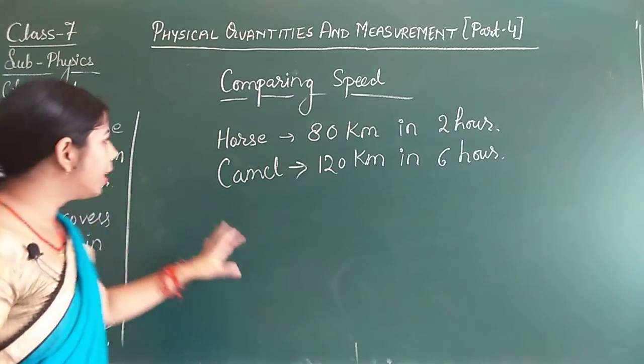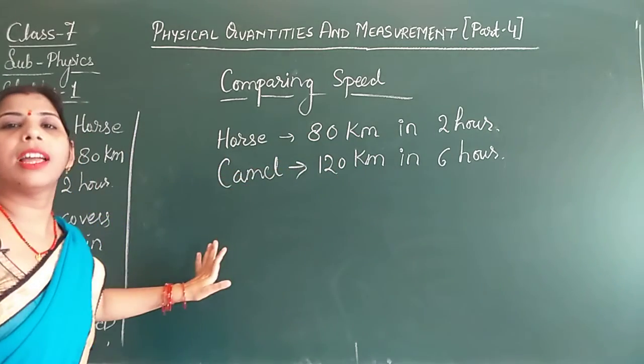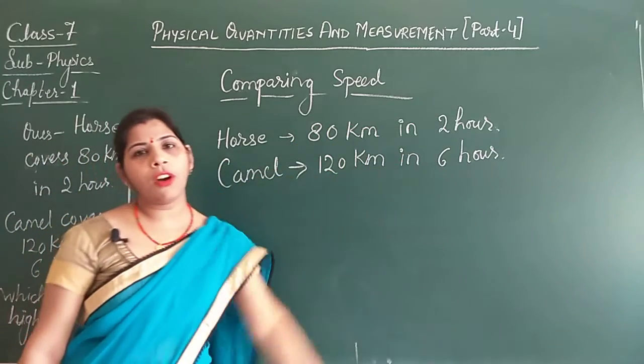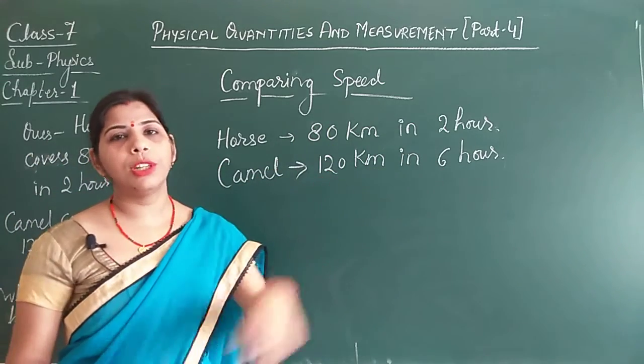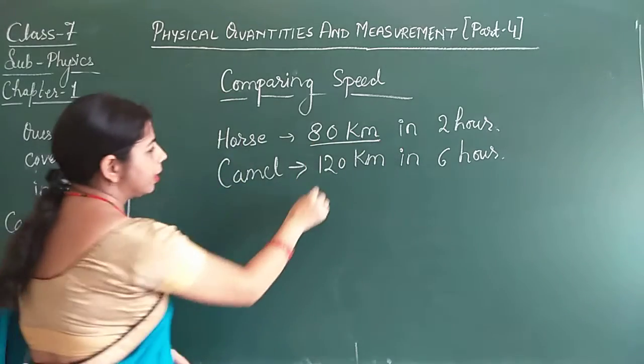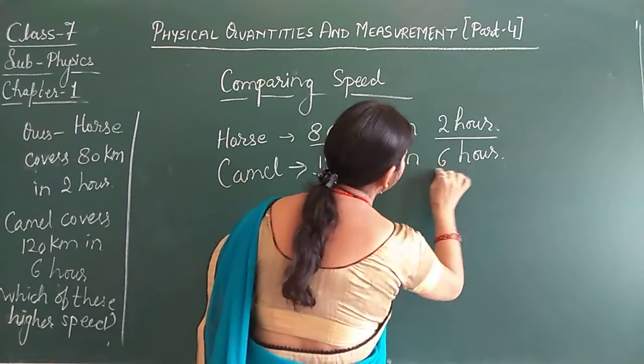The question asks whose speed is highest. It is very easy. Just put the formula, speed is equal to distance by time. This much is the distance and this one is the time.